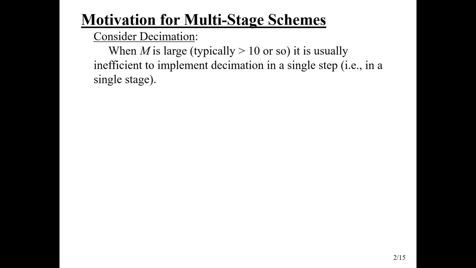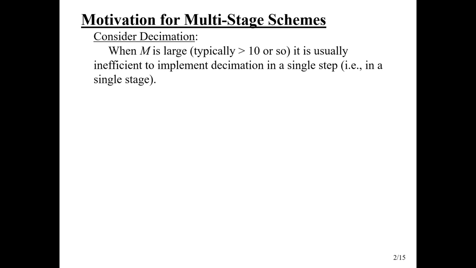And we also alluded to being able to do any rational number factor. So we could put L over M with any choice of integer L and integer M and get a rational factor to change the sampling rate. That would require essentially two stages, as we'll see. One for interpolation and one for decimation.